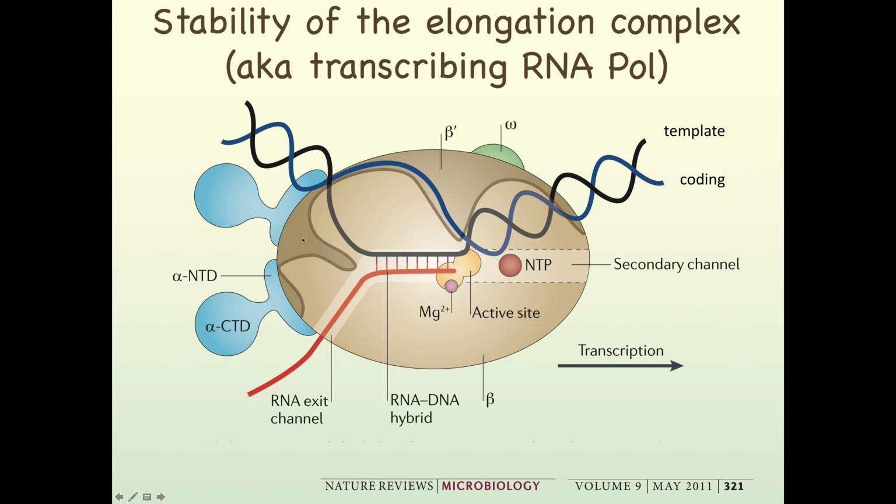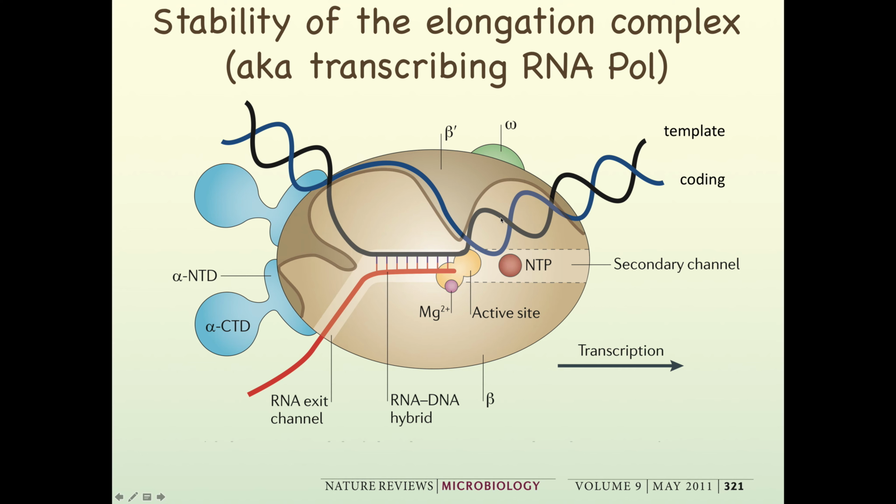Now, what makes this a really stable complex is the interaction of the RNA polymerase with the DNA. It interacts with about 18 base pairs of the unwound DNA helix. So this is part of the DNA helix that has not yet been opened up and unwound by the RNA polymerase, but it is interacting with it. And then here we see probably about 12 base pairs that form the transcription bubble. This is where the DNA helix has been unwound.